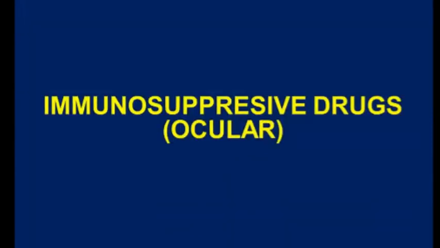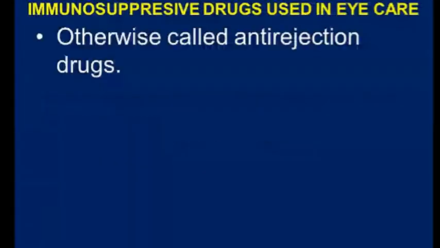So the third class of anti-inflammatory drugs is immunosuppressive drugs, otherwise called the anti-rejection drugs. These drugs are prescribed for patients that undergo transplants, either corneal transplant or conjunctival grafting or any form of transplant.